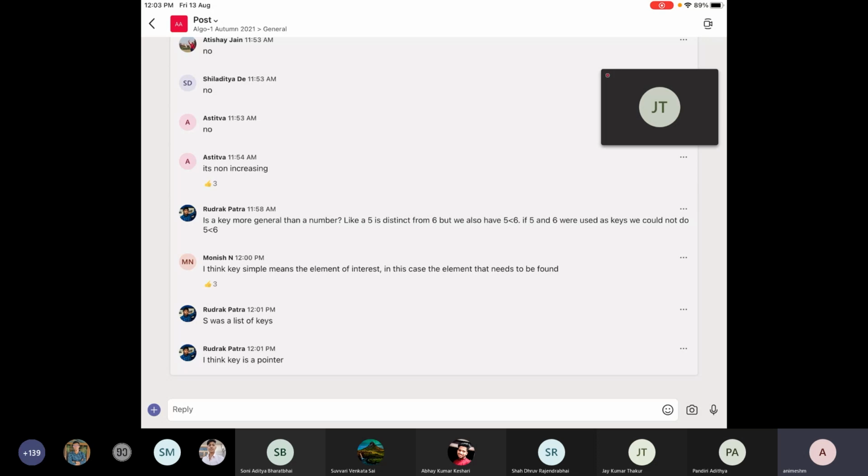But for the time being, you can assume that key is simply an integer. Key can be a string, key can be characters, etc. But for all practical purposes and without any loss of generality, let us assume that key is simply some integer.